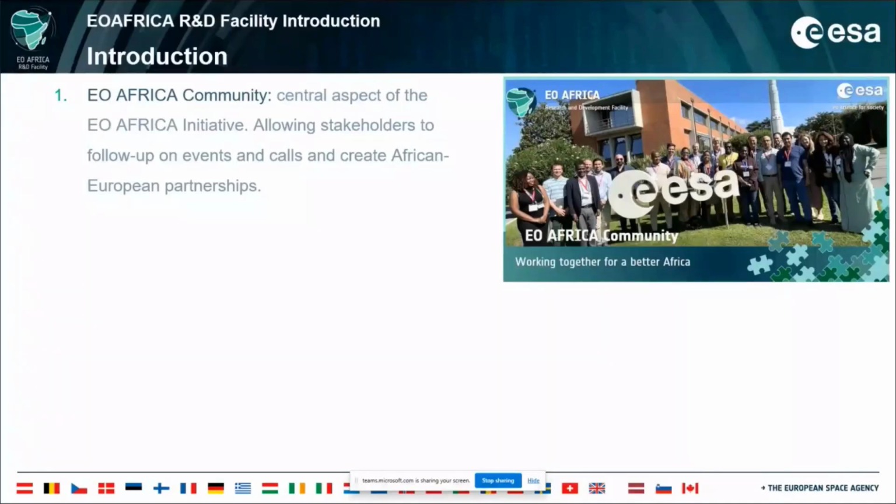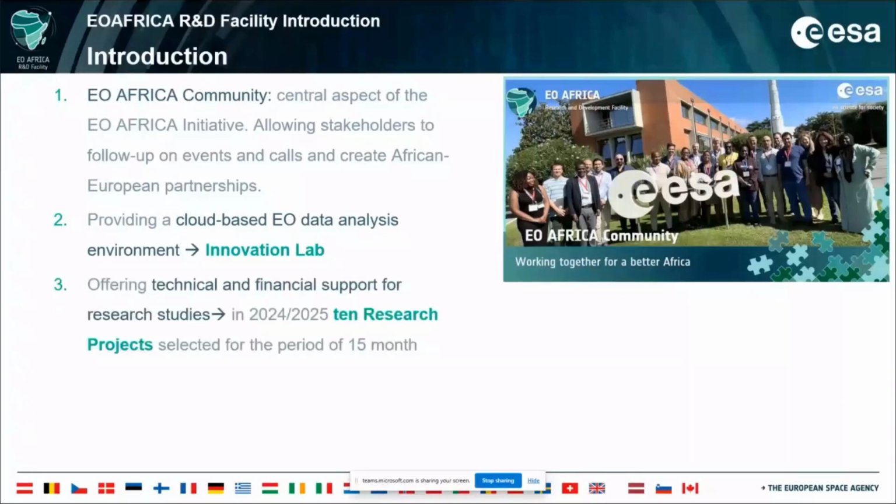The second pillar is related to providing a cloud-based Earth observation data analysis environment to support researchers in accessing and utilizing Earth observation data. The cloud computing platform that has been developed is called Innovation Lab. We also offer technical and financial support for 30 research studies to address African Earth observation research challenges related to water scarcity and food security.